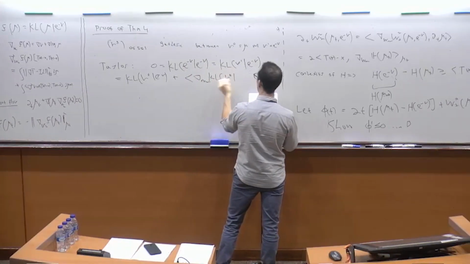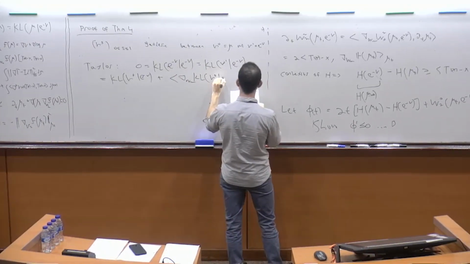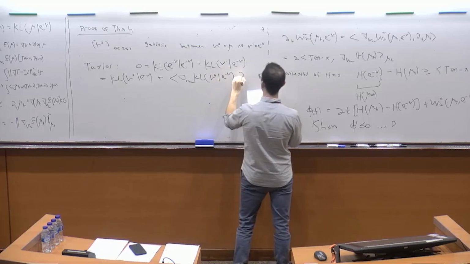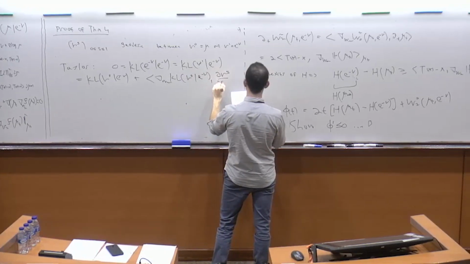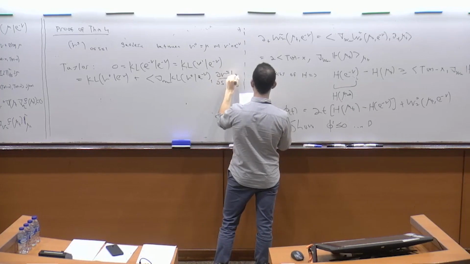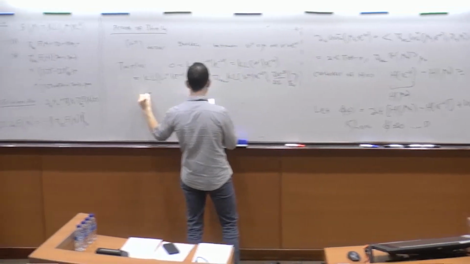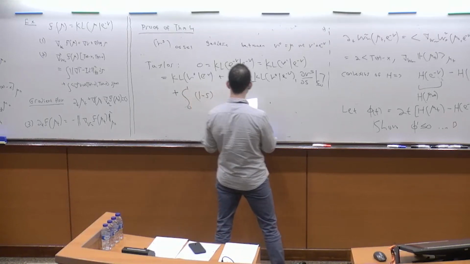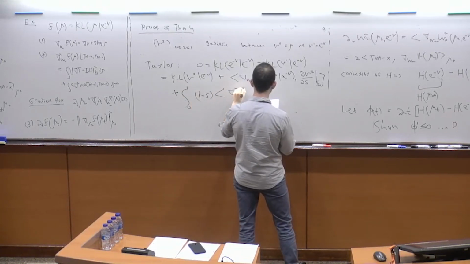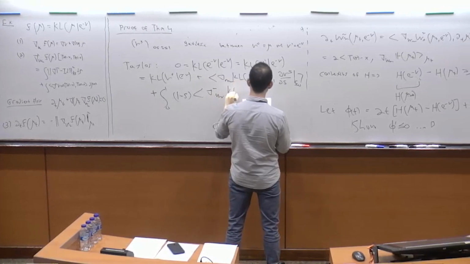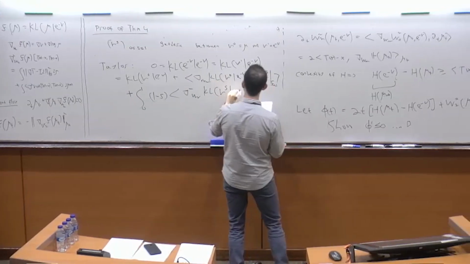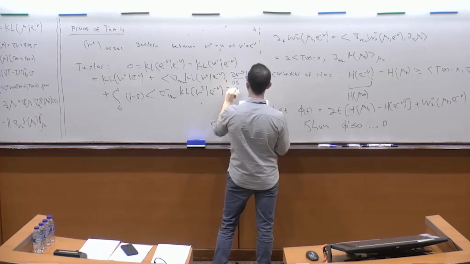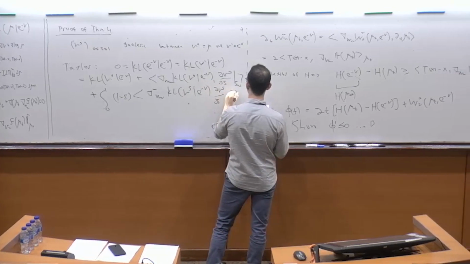So here we have the gradient of KL of nu 0 with respect to e minus V, and here we have the derivative of the geodesic at time equals 0. And here we have another term, 1 minus S, and now we have the Hessian of KL. So now the question is how, basically, we need to bound each one of these terms.